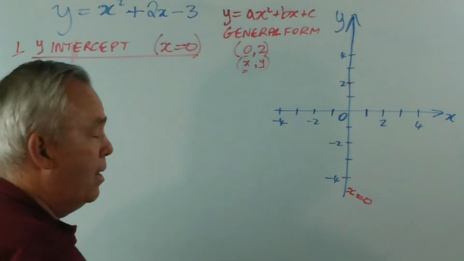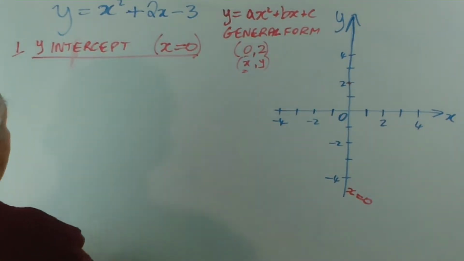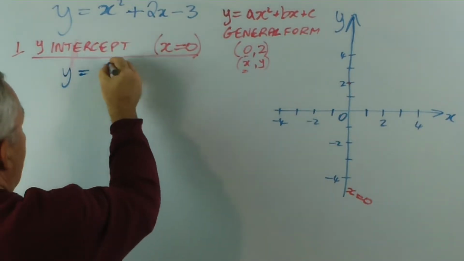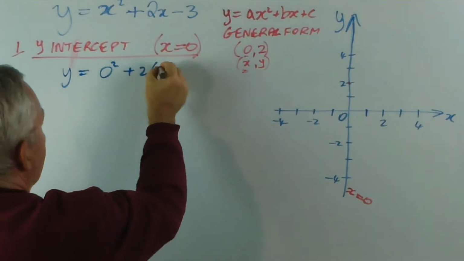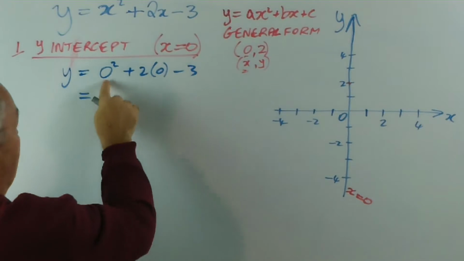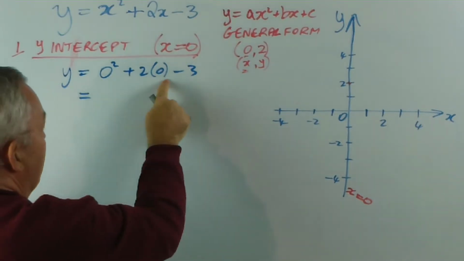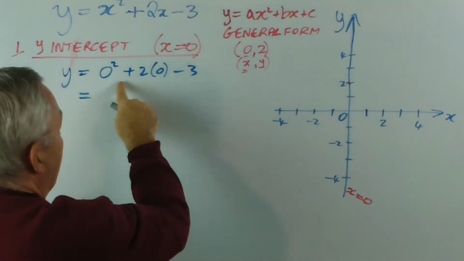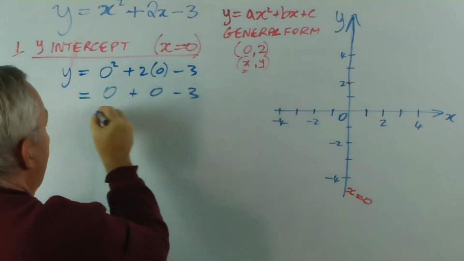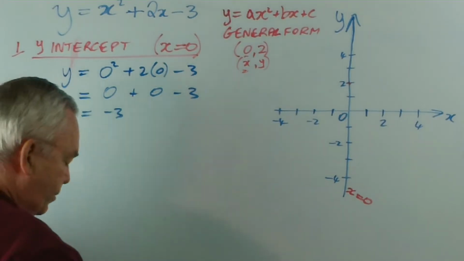Let's do exactly that. y equals 0 squared plus 2 lots of 0 minus 3. Now of course you know 0 squared is 0, 2 times 0 is 0, and when we add this all up, I'll actually write it out in full, it is minus 3.